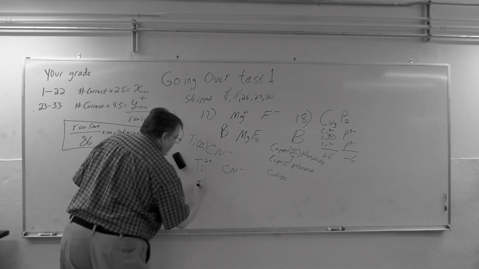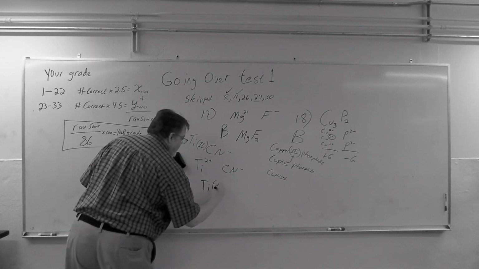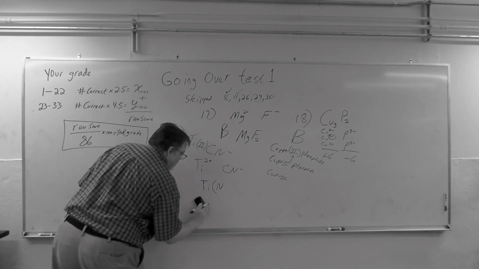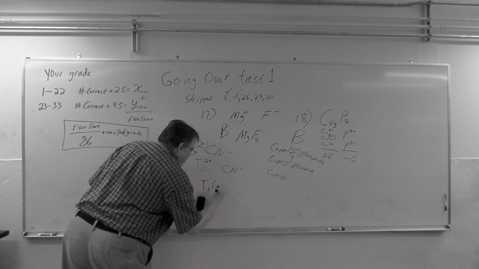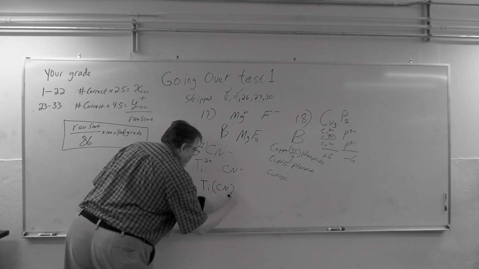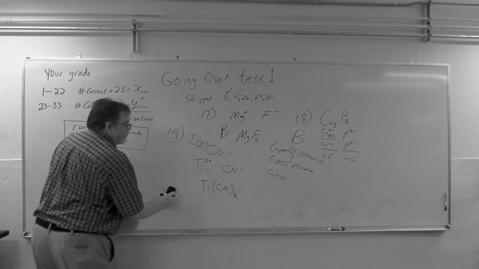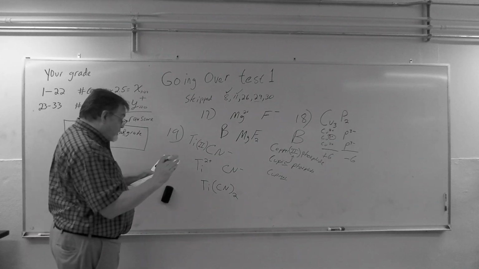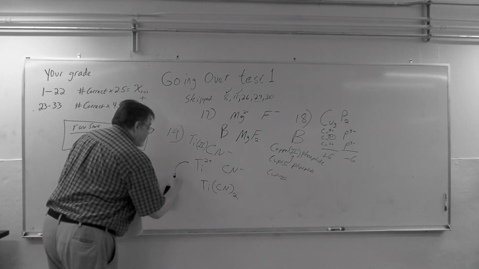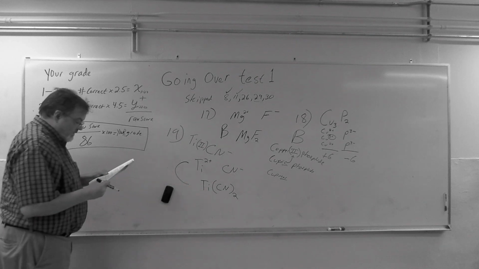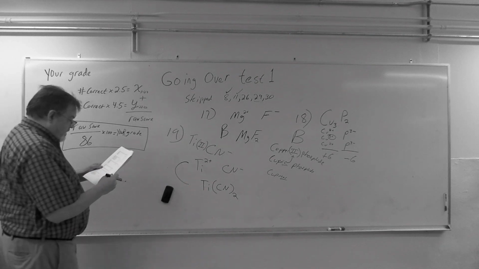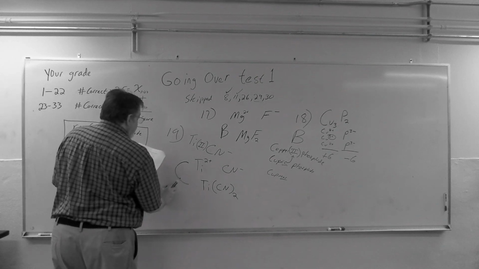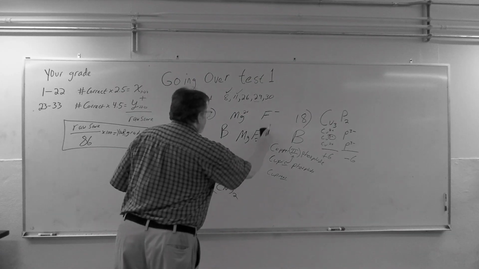The way you write that is Ti in parentheses, CN, and you're going to need 2 of them. So Ti(CN)2 in parentheses. Answer is C. Okay, 20.